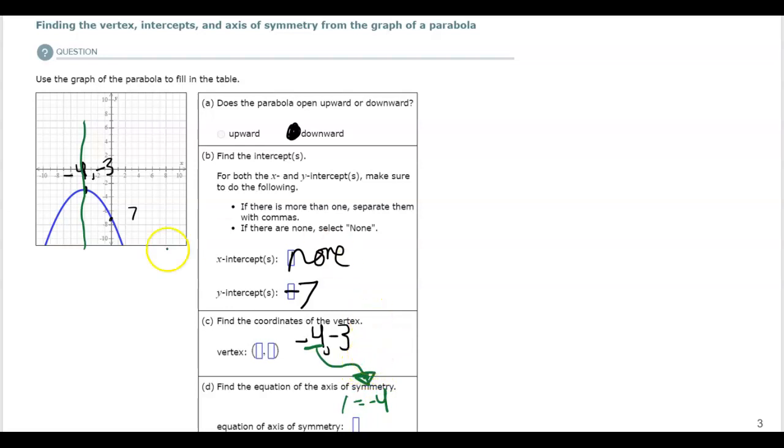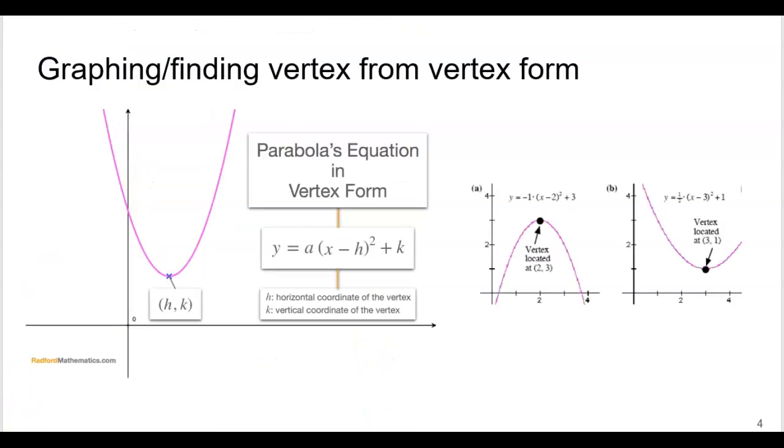So that's just how to identify these basic parts of a parabola.